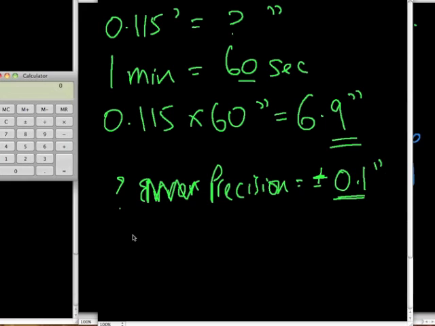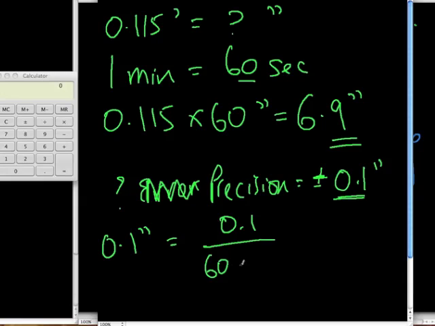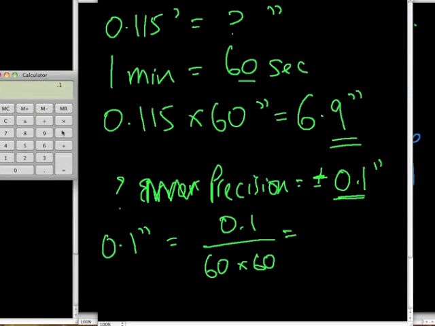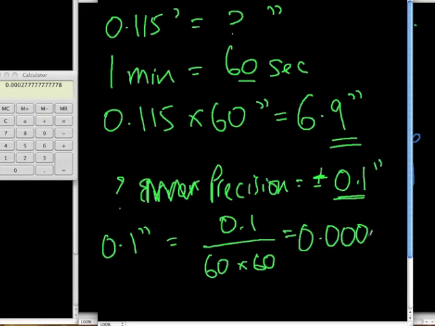So 0.1 seconds is 0.1 divided by 60 to go to minutes, and divide by 60 to go to degrees. So we have 0.1 divided by 60 times 60, which is 360. So it's 0.00027, and I'm going to round that last 7 up to an 8 degrees.